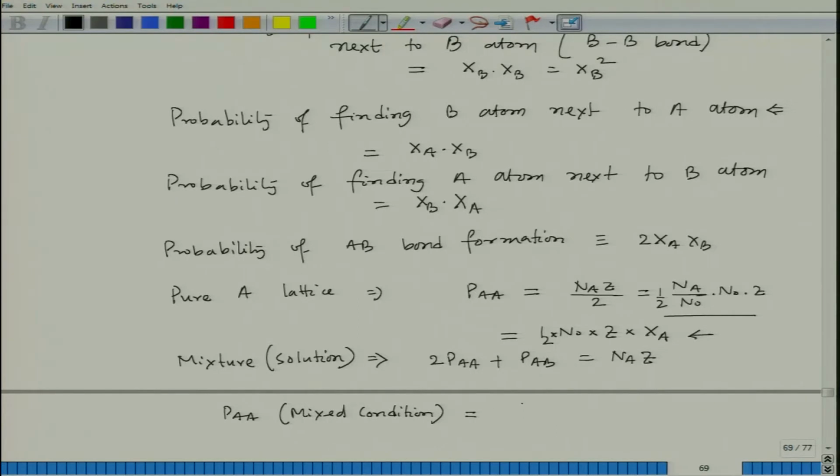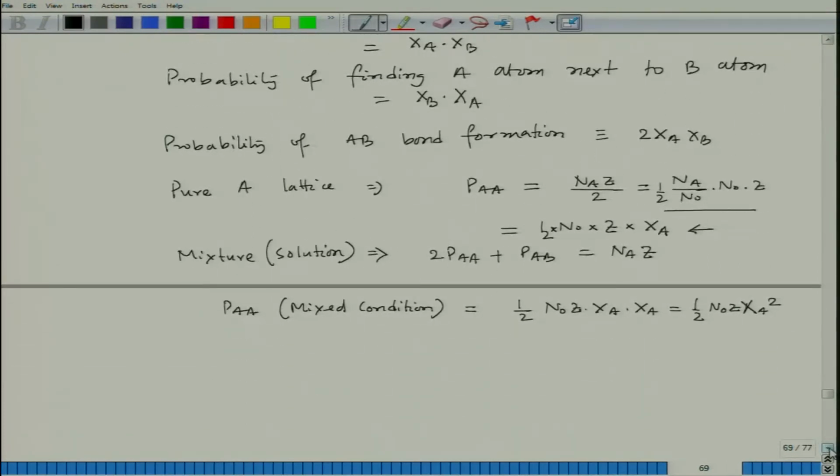So, it would be half Na N0, or N0 Z XA into XA, is equal to half N0 Z XA square. I can also find out PBB in the mixed condition, which is equal to half N0 Z XB square.